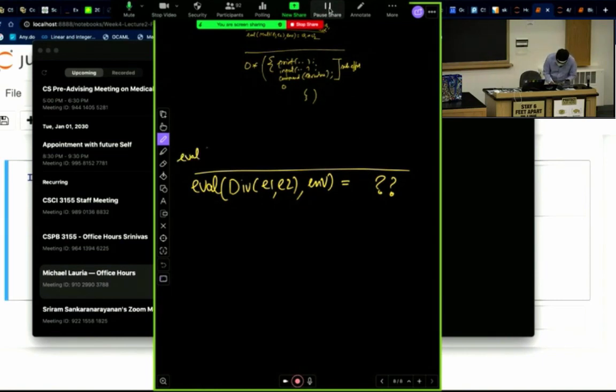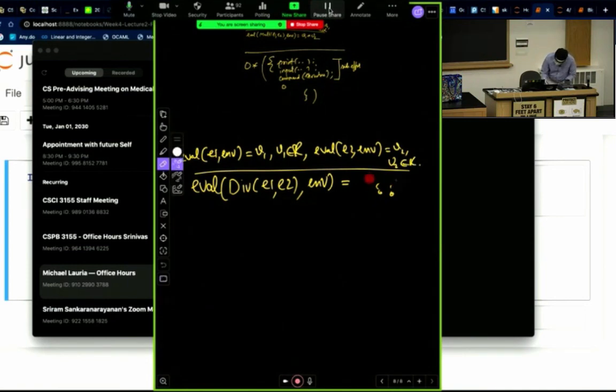If that's the case, let's eval E1 under the environment, and let's say the value is V1, and let's say V1 is a number. Let me say eval E2 under the environment is V2, and let's say V2 is also a number. Then I want to say that this is just V1 divided by V2. So I want to map this div to the operation of dividing two numbers. Reasonable? Except I get into a problem. And what's that problem? Division by 0.